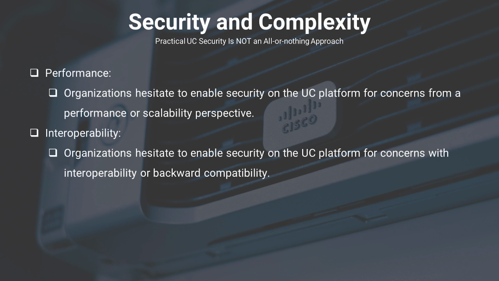Let's say you want to encrypt the voice calls, but your system needs to talk with a third-party solution, like another PBX or call recording, and you have concerns about how the encryption will work. You don't decide, let's not apply the encryption. You decide, let's apply the encryption and mitigate the impacts.